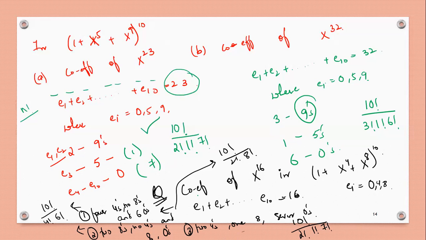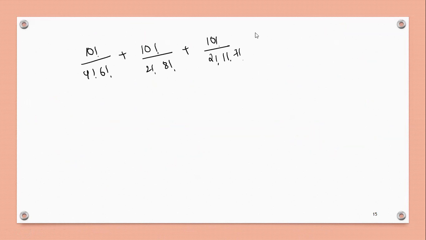So the actual total solution will be 10 factorial by 4 factorial into 6 factorial plus 10 factorial by 2 factorial into 8 factorial plus 10 factorial by 2 factorial into 1 factorial into 7 factorial. So this is the solution.